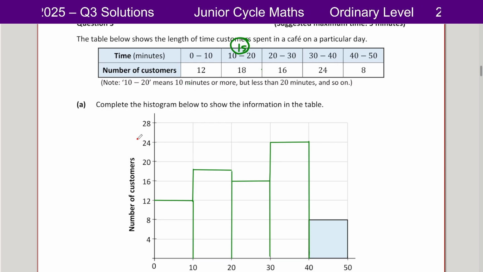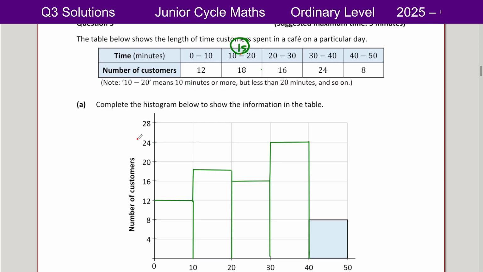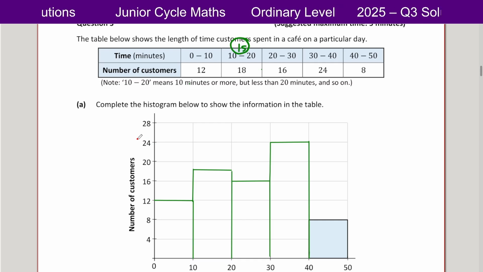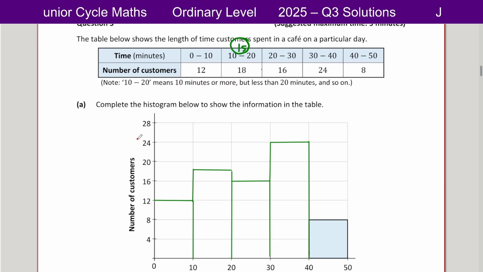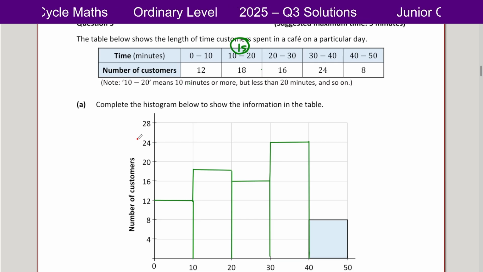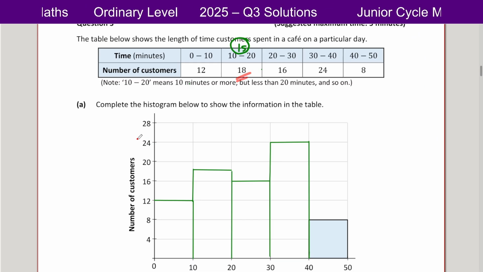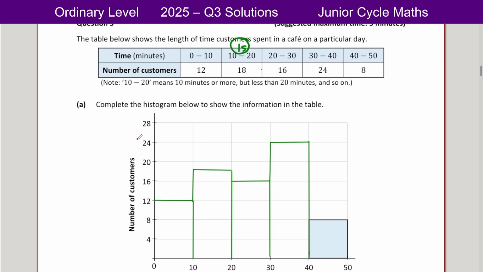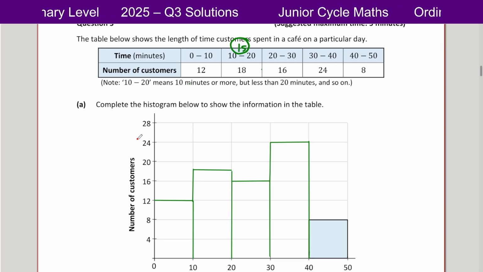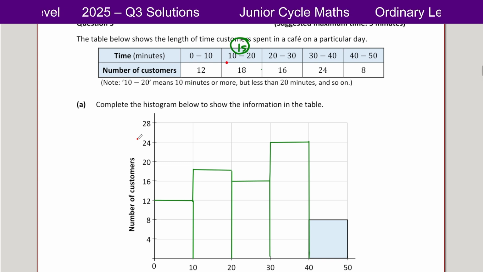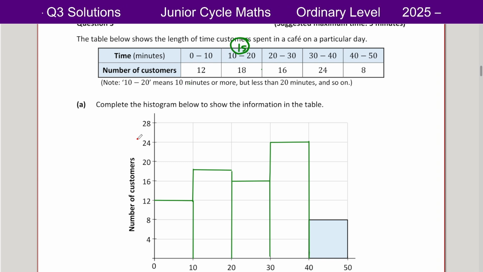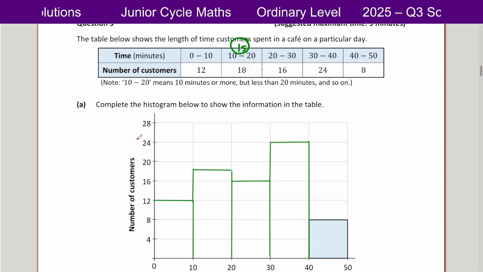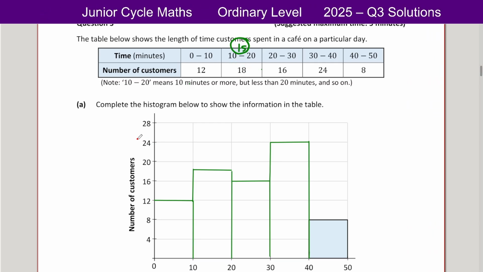So since we need to take care of the 15 minutes here, we have to take all people in this interval into account. So we say 18 people could have spent time from 10 to 15 minutes in the cafe. We have to take all 18 into account.